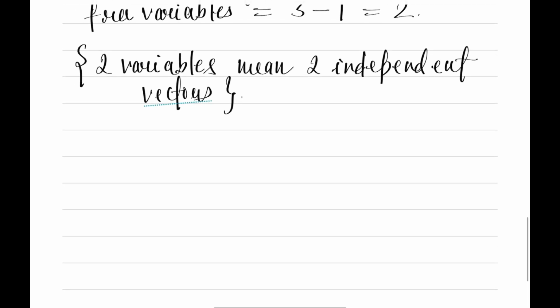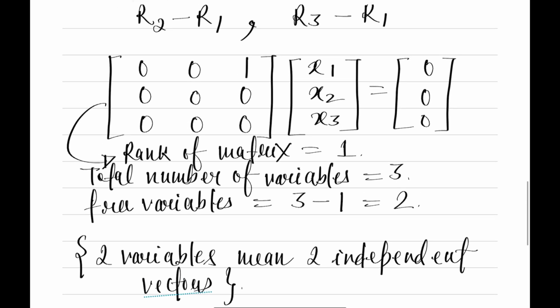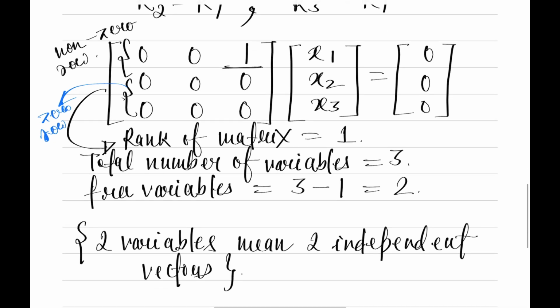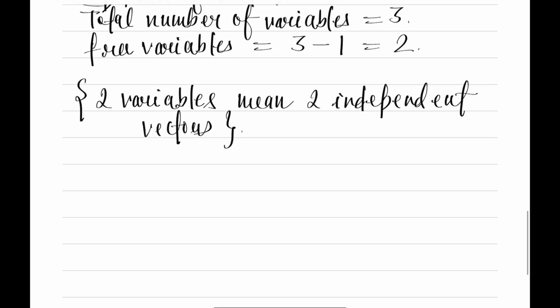So we have only one equation, as we have only one non-zero row and two zero rows.